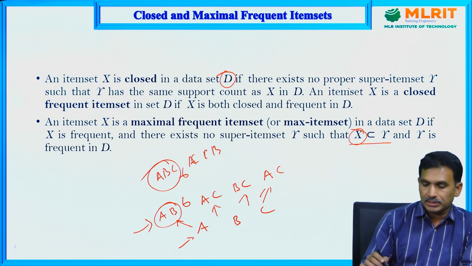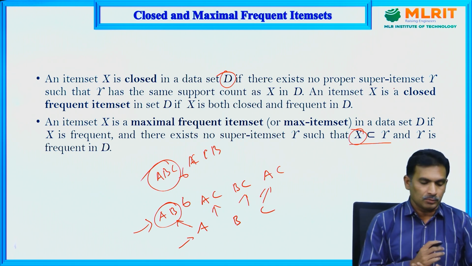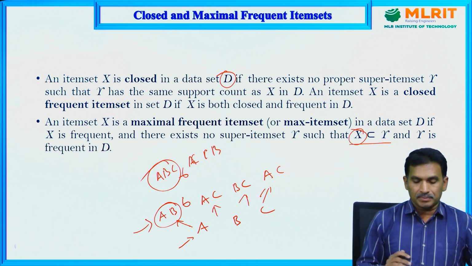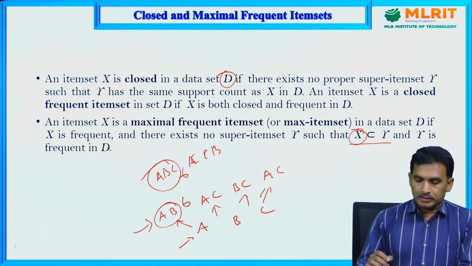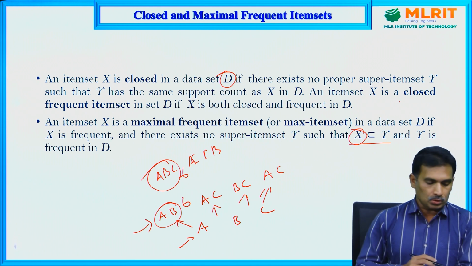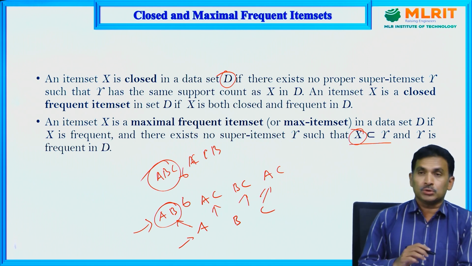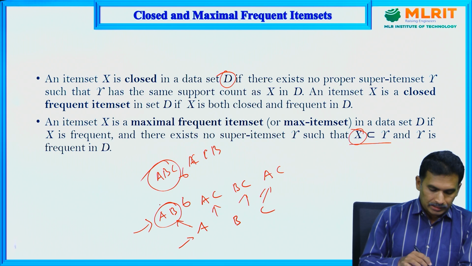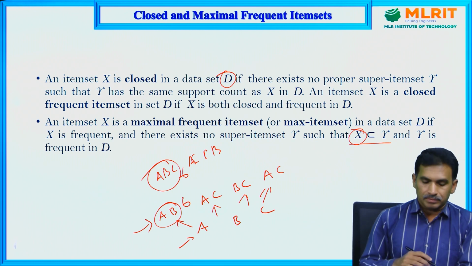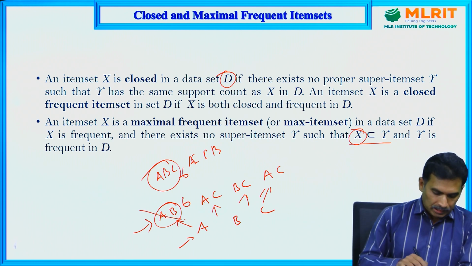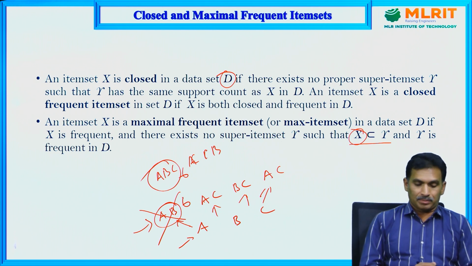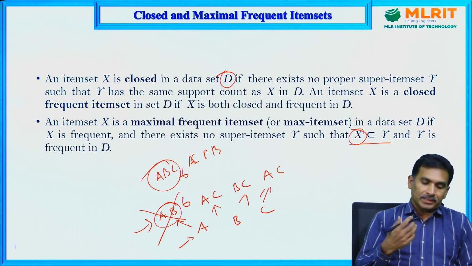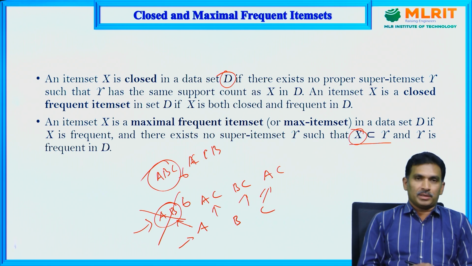So there exists no proper super item set Y such that Y has the same support count as X in the D, then an item set X is a closed frequent item set. Suppose there exists a super item set with the same support count. Then it will not be considered as a closed item set, because it has a super item set with the same support count in the database.